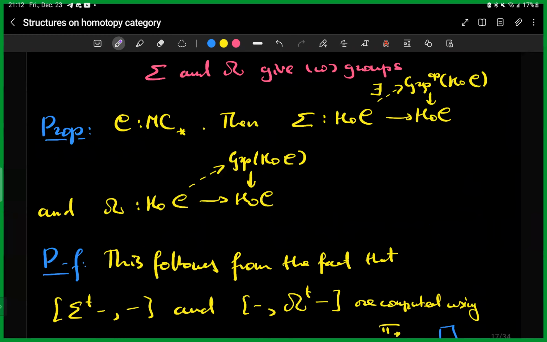Okay, so that's good and well. But as it turns out, in a pointed model category, no surprise, suspension lifts into a functor into cogroup objects, and the loop space functor lifts to a functor into group objects in the homotopy category. And the proof is just an application of the result about the homotopy category of spaces, because as we know, these hom sets are calculated using homotopy groups.